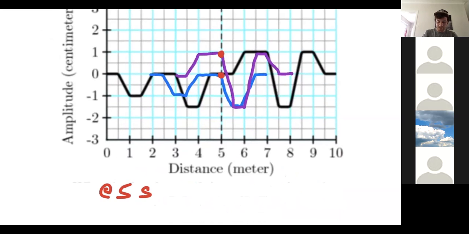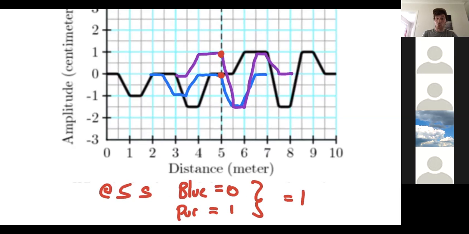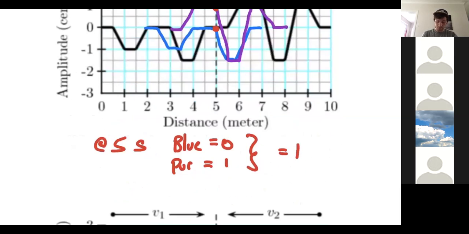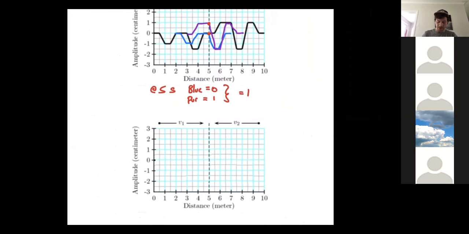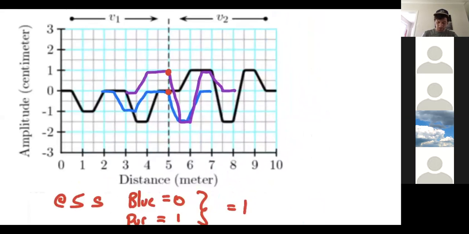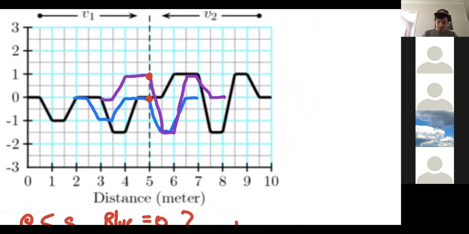At 5 seconds, the blue wave is equal to 0, the purple wave is equal to 1, which means the total wave must equal 1, okay? So we know at 5 seconds on our combined graph, we are gonna get a point right there, okay? And you can just go point by point.